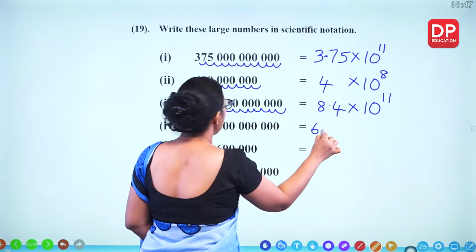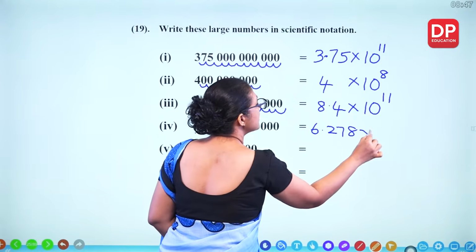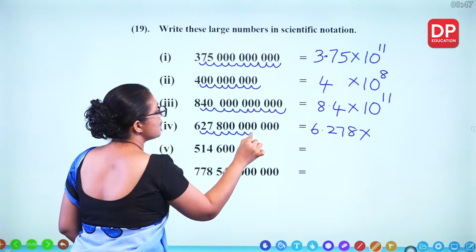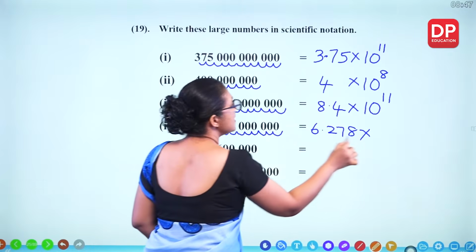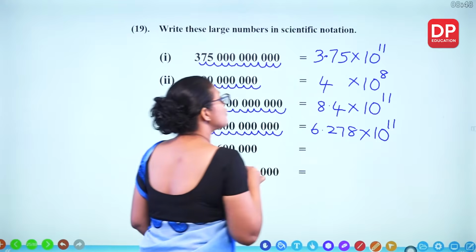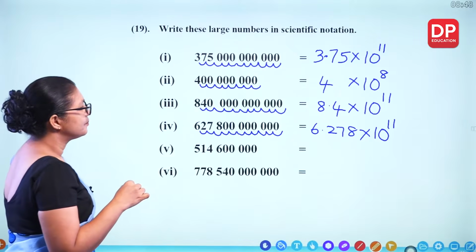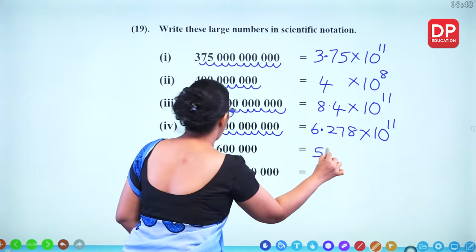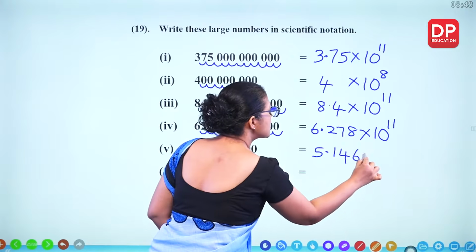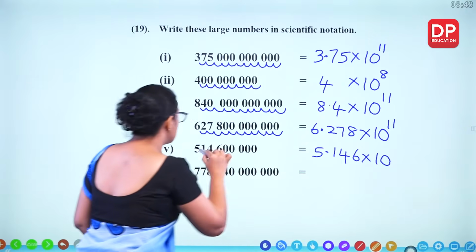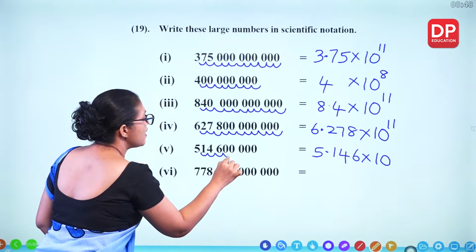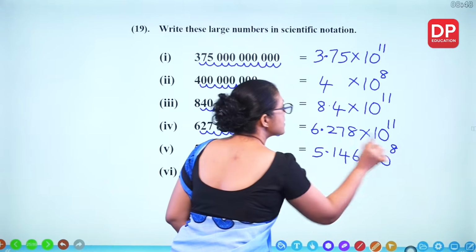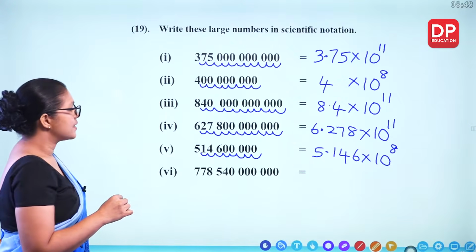This one, 6.278. 1, 2, 3, 4, 5, 6, 7, 8, 9, 10, 11. 10 to the power 11. And then this one, 5.146. 10 to the power, 1, 2, 3, 4, 5, 6, 7, 8 places to the right. 10 to the power 8.